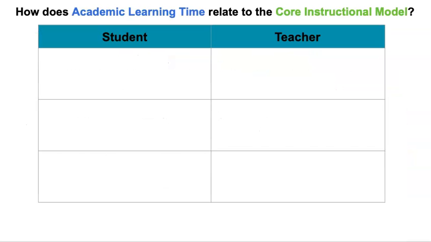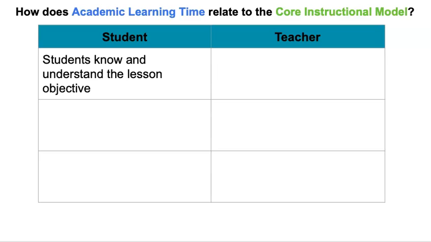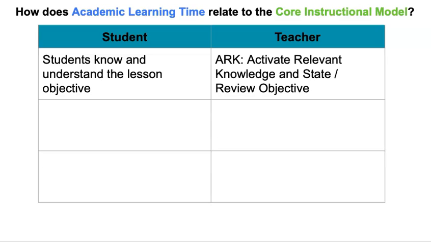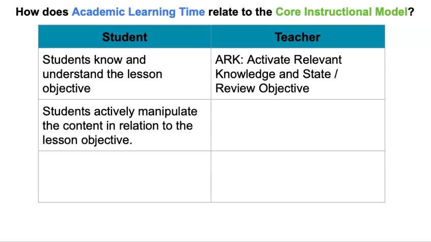So let's look at academic learning time and how it relates to the core instructional model. We start academic learning time with students know and understand the objective. Well, how does that relate to the core instructional model? This is when the teacher is going to activate relevant knowledge and state and review the objective. Then the students actively manipulate the content.